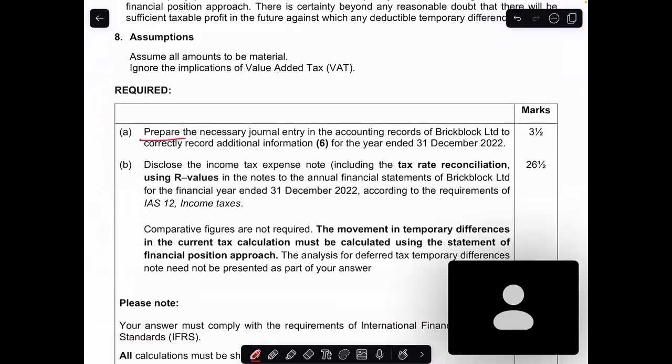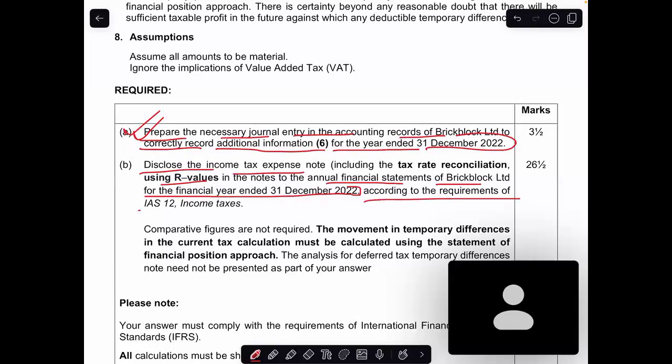They are saying prepare the necessary journal entries in the accounting records of Brick Block Ltd to correctly record additional information 6 for the current year, 31 December 2022. I'm not interested. We're not going to attend to this one. Disclose the income tax note, including tax reconciliation, in the notes to the annual financial statements of Brick Block Ltd for the financial year ended 31 December 2022, according to the requirements of IAS 12 Income Taxes.